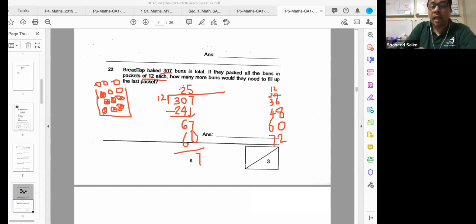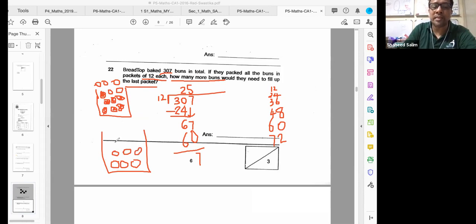That's the answer. How many buns do you need to fill up the last packet? Because the last packet only got 7. You must try to understand what they are explaining. They are saying, now your last packet, you cook, there's only 7. So how many more to fill in? Your packet must have 12. So you must put 5 more.